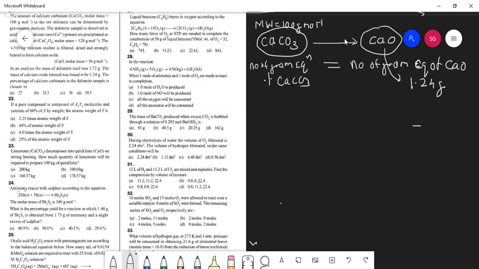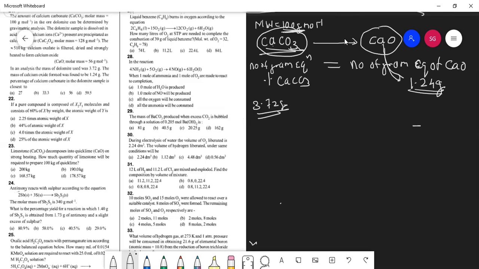Dolomite was used 3.72 grams. Calcium carbonate, molecular weight 100 grams. And how much calcium oxide is formed? 1.24 grams.